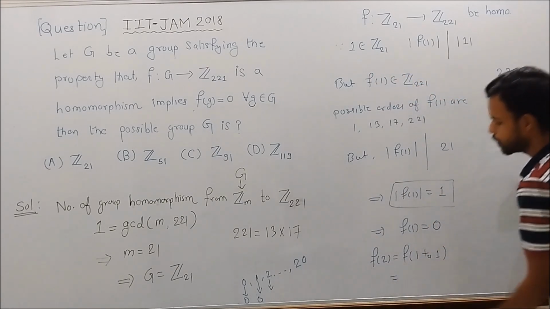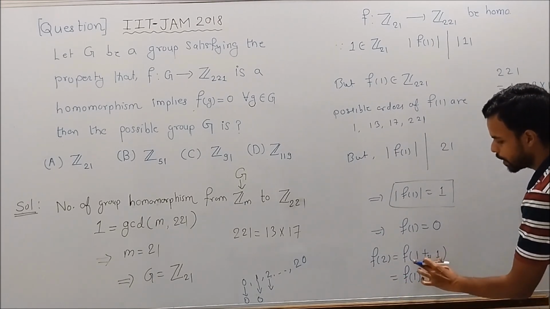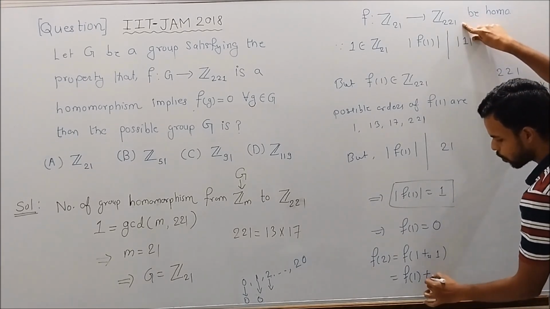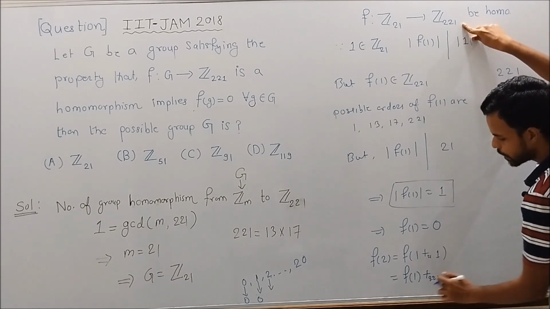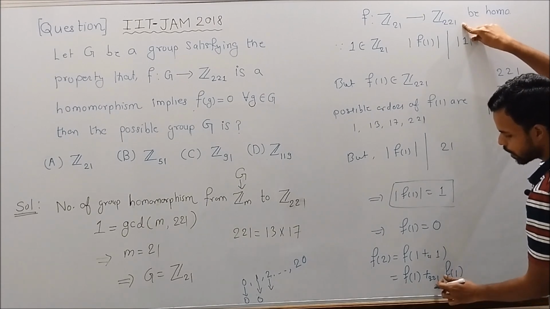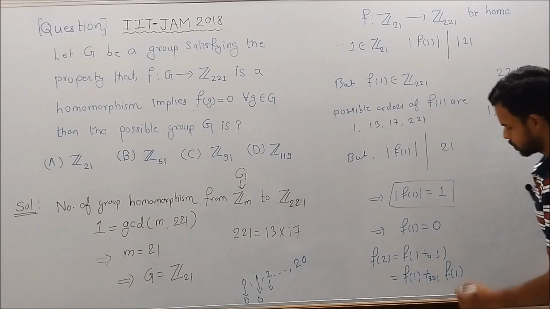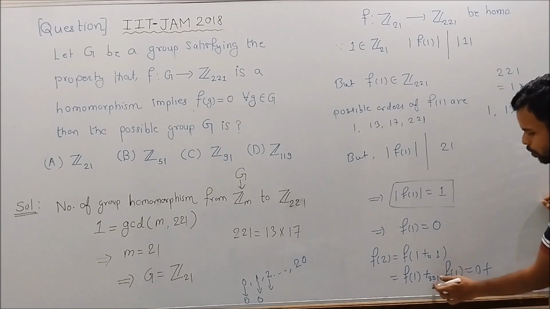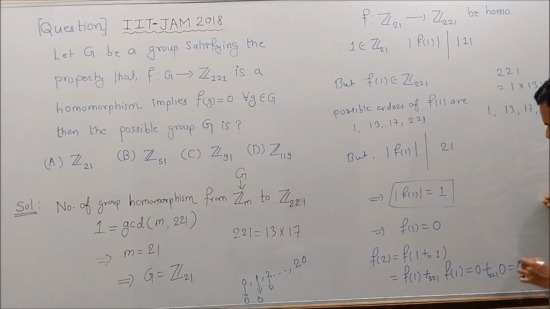Now by the properties of homomorphism, this is f of 1 plus f of 1. After separating the images, the operation is the operation of the codomain, that is addition modulo 221. F of 1 is 0, so 0 plus 0 is 0. So we see that f of 2 is 0.